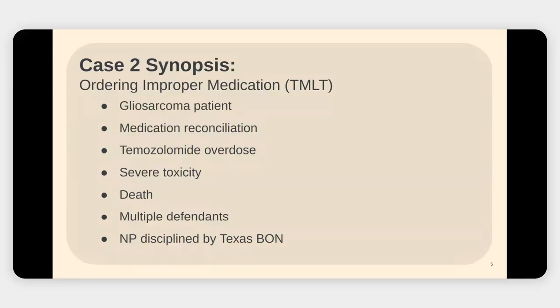The second case, which will serve as my primary analysis, involved a neurosurgery nurse practitioner caring for a patient with recurrent gliosarcoma in an inpatient setting following a craniectomy. During hospital admission, the nurse practitioner completed medication reconciliation and inadvertently continued temozolomide, a chemotherapy medication, at an inappropriate dosage.